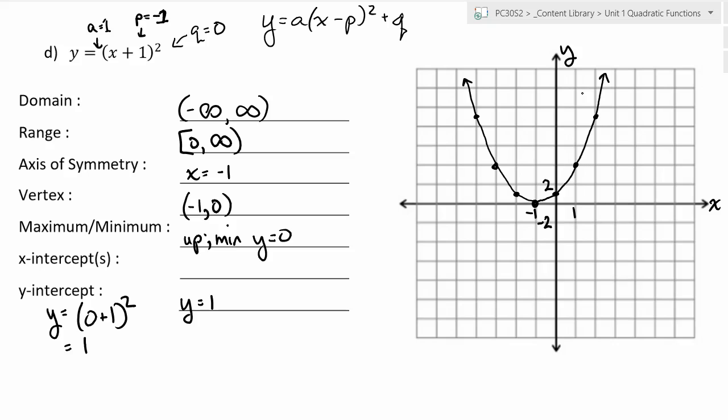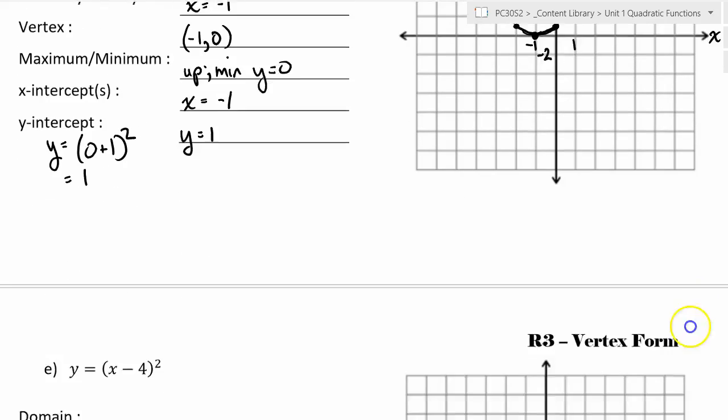Now I look at my graph and I say, okay, well, I've got this point right here at the bottom that's exactly touching my x-axis, so I have one intercept. X equals -1. So that's how I graph it when I have a value for p, and that's how that transformation impacts my graph.